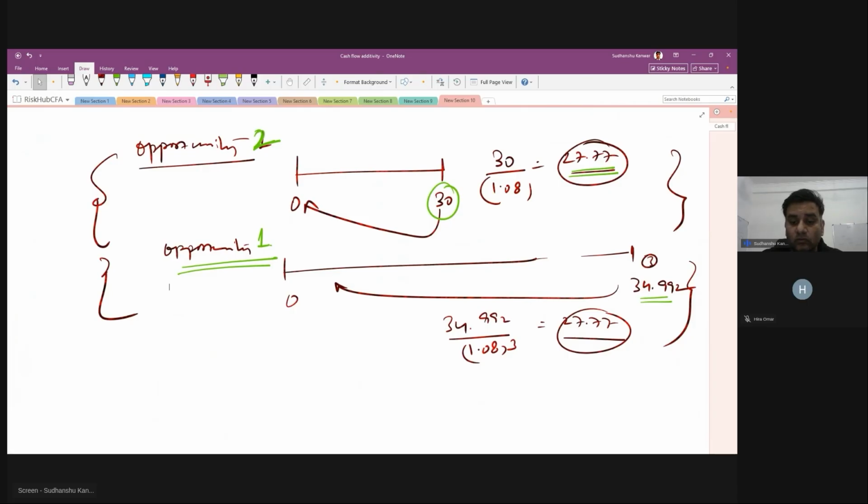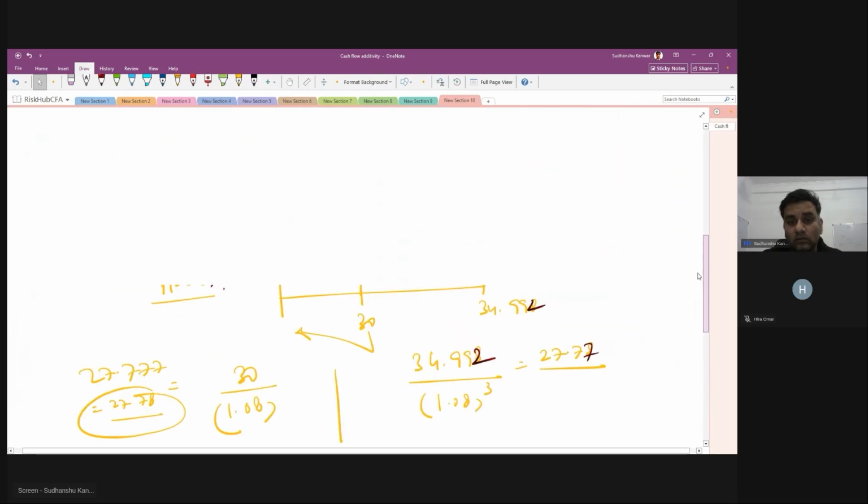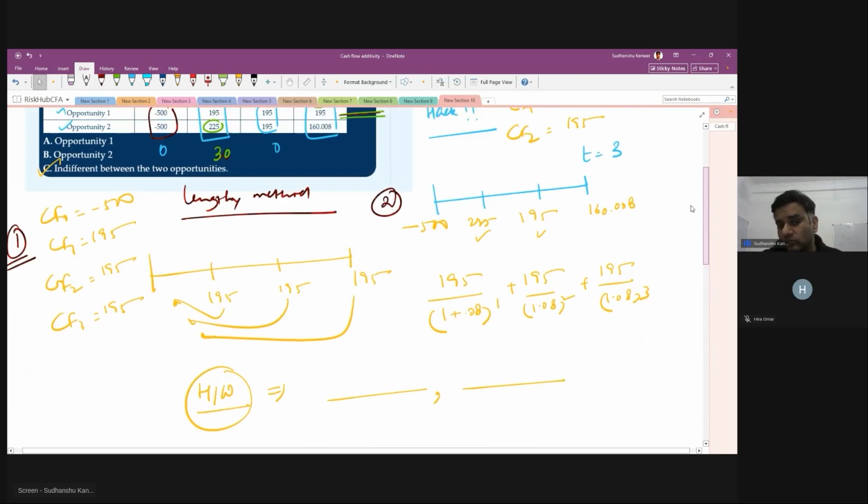But again, there are two hacks here, both ways. This longer way you can also do it, I'm not denying it. Generally people do it like this because people don't remember hacks, right? Generally people follow this method. That is totally fine, but it's a time consuming way.